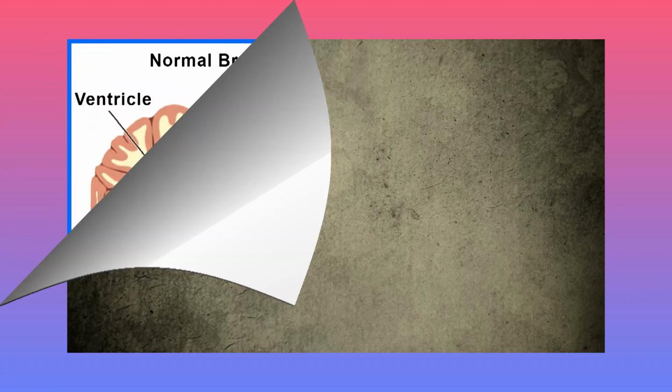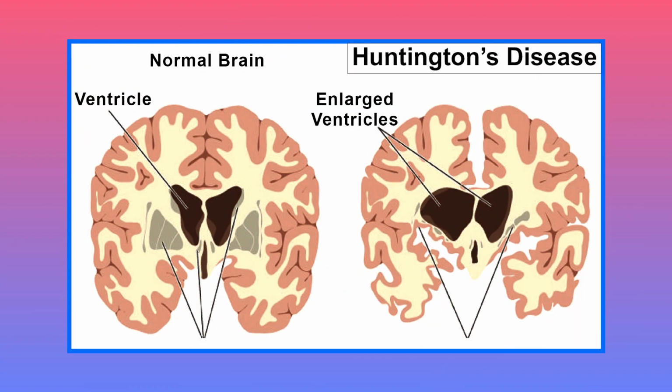Individuals can inherit the mutant copy of the disease-associated gene from either an affected mother or an affected father.